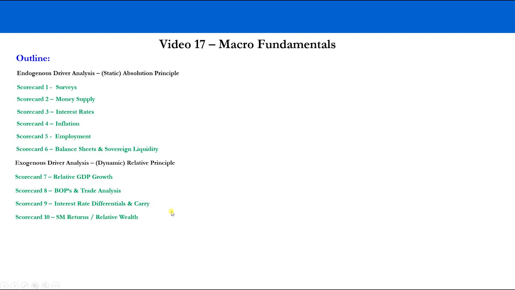So what we're going to be looking at in this section of the video series is the exogenous driver analysis and scorecards 7, 8, 9, and 10. We're going to start with relative GDP growth, measuring the GDP growth of the United States versus Australia, and what we're going to be looking for is the differential between the two.